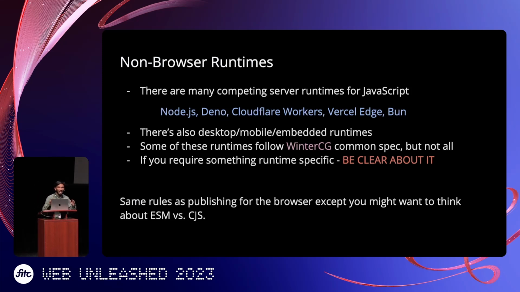But not everybody follows the rules, and sometimes they're broken pretty badly. If you require something runtime specific for your package to work efficiently, a specific API or a specific behavior, be explicit about it. Better yet, if they try to do something in a runtime that's not supported, break horribly. Then they know what's wrong, and they know, hey, please don't use this.